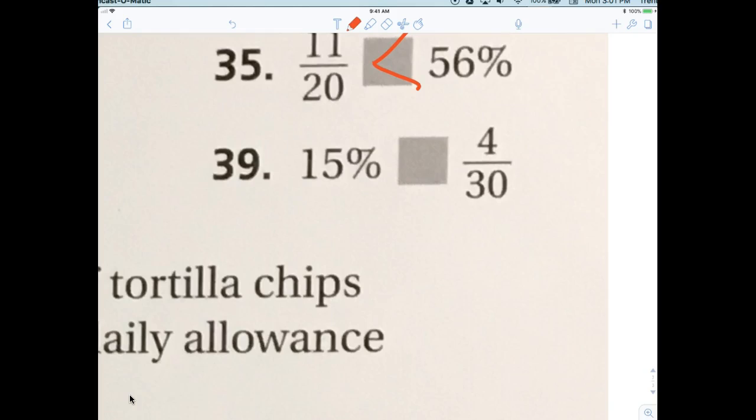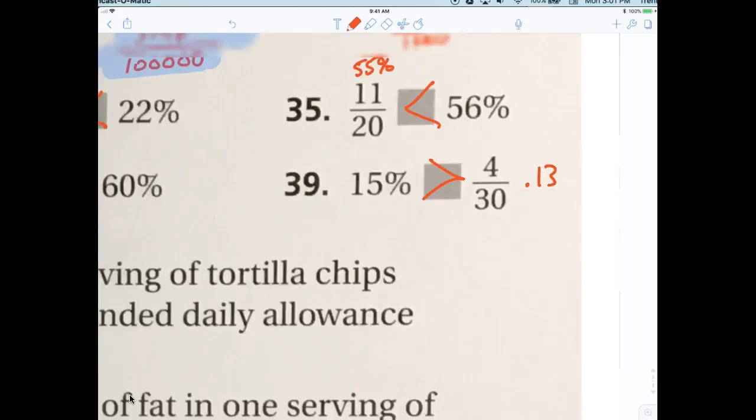Would you type in 4 divided by 30? We might have to get you a new calculator. What is it? I mean 0.13. My God. So what's the answer? Greater than. Nice.